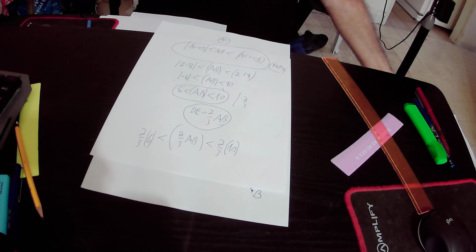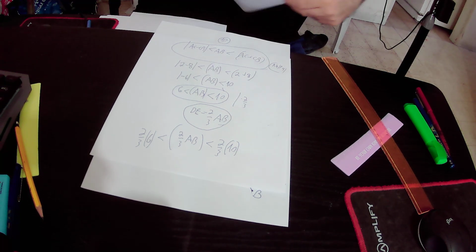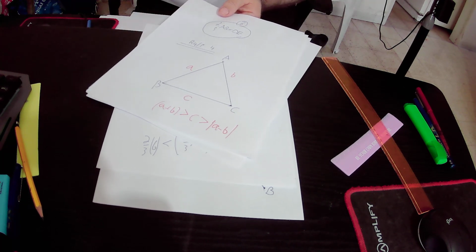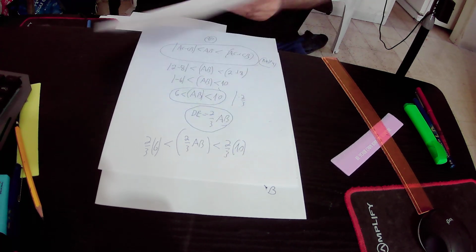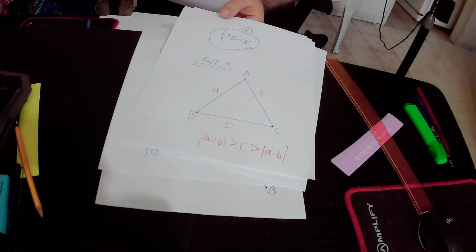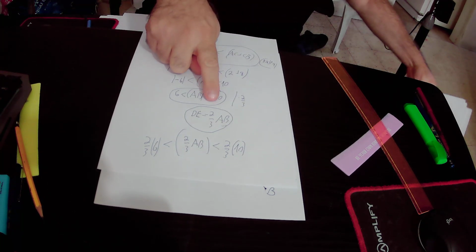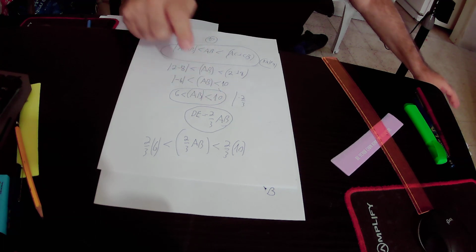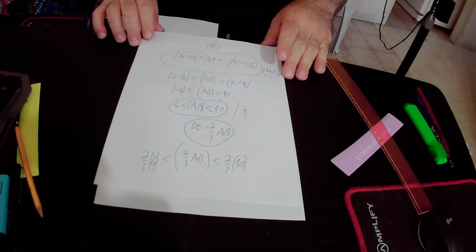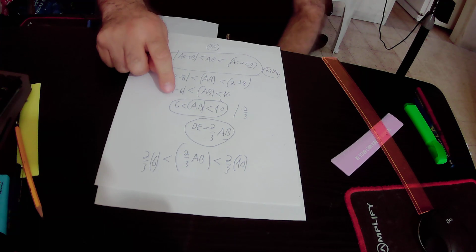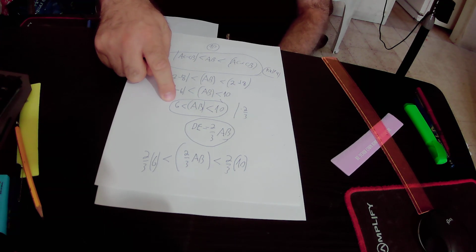But we have already found out that DE equals 2/3 AB. So we multiply this inequality by 2/3.